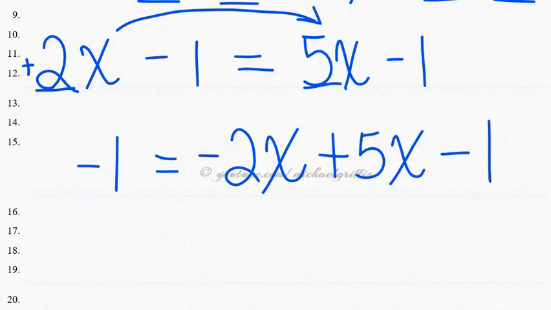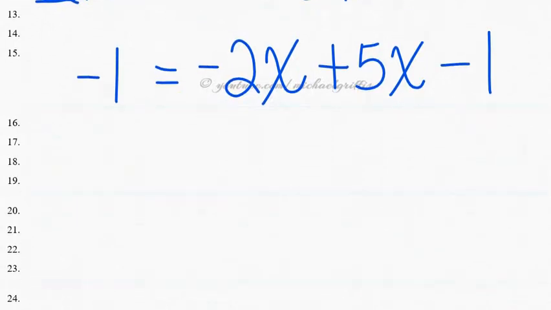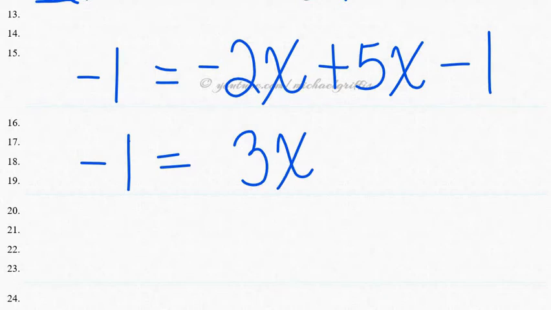Let's go ahead and simplify now. So our like terms, negative 2x plus 5x, gives us 3x minus 1. We've got to get this minus 1, or this 1, over to the left-hand side.